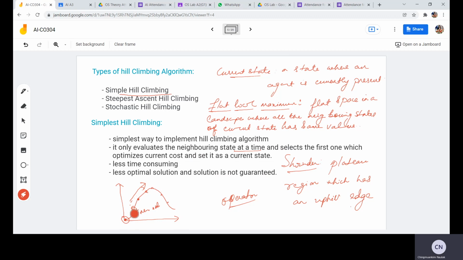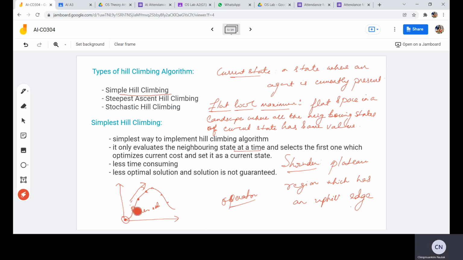I'm going to compare these two, and if the neighboring state is better, then I'm going to make this my current state, and then again I'll compare it with the next neighboring state, and so on. I'll continue to do this.